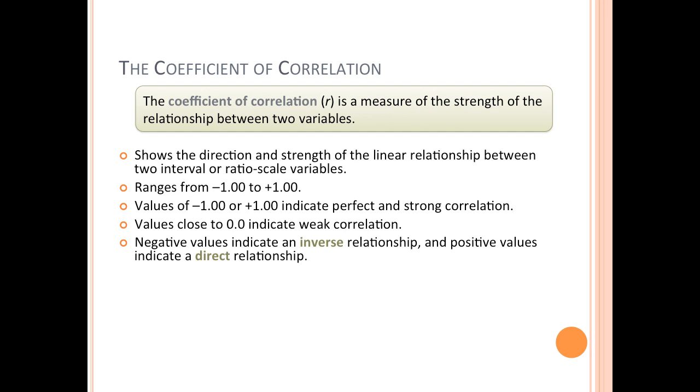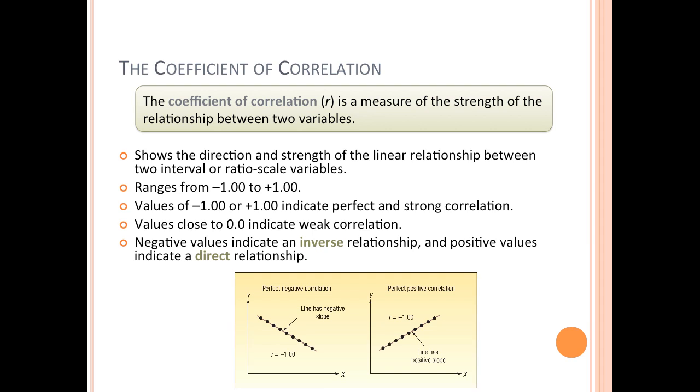If you get a correlation of -1 or +1, it means it's a straight line, 100% correlation between the two, or a perfect correlation. Values close to 0 mean there's no relationship between the variables. Negative values indicate an inverse relationship. Positive values indicate a direct relationship. So if it was 1, all your points would be on your line.